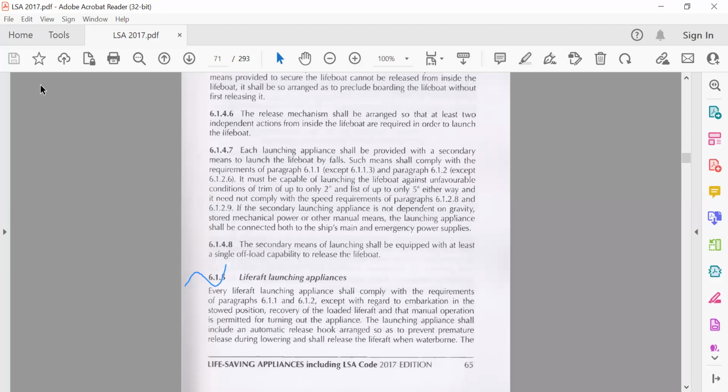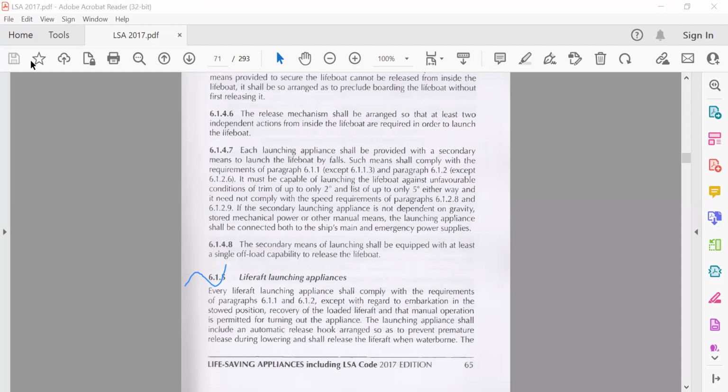It's interesting, so I'm just going to read it straight up. The release mechanism shall... Quick question, anybody can answer this. Why do you have to have two independent actions before launching? In this case, why do you think it is important?